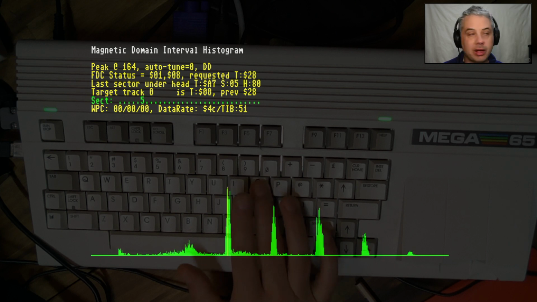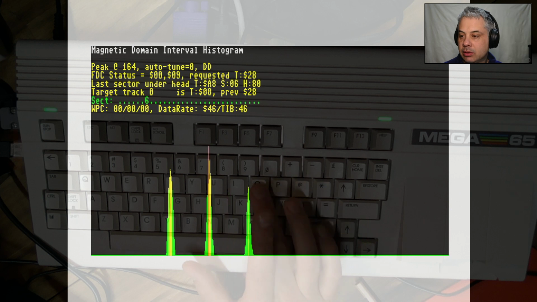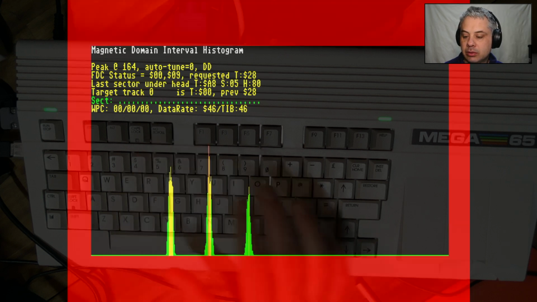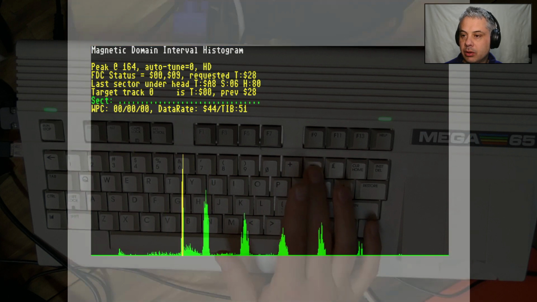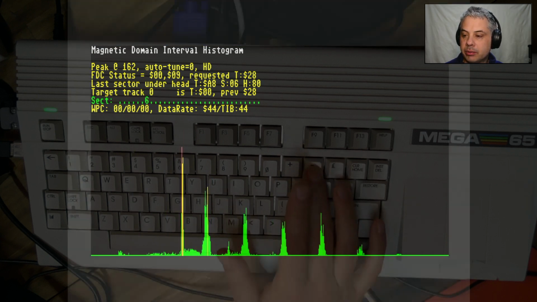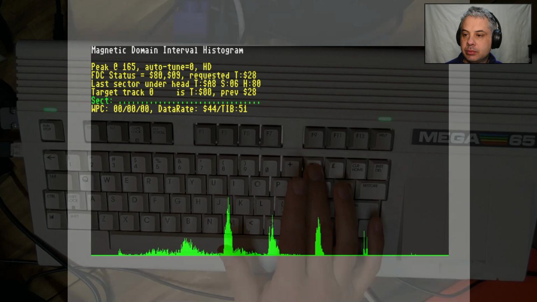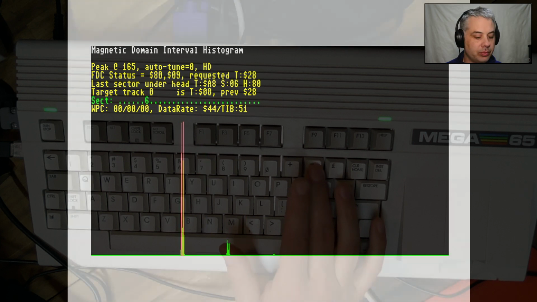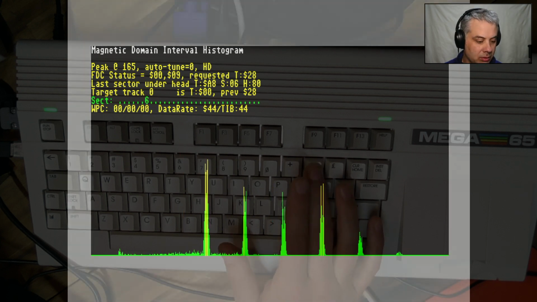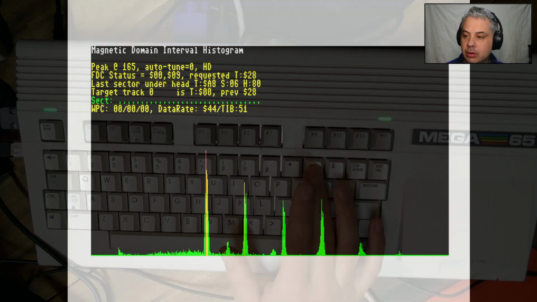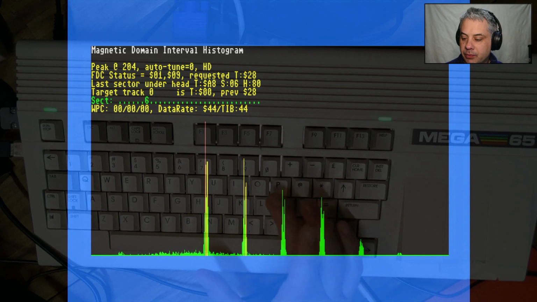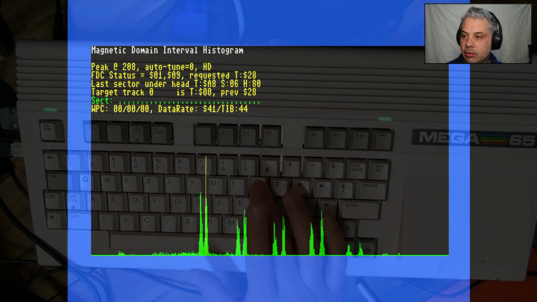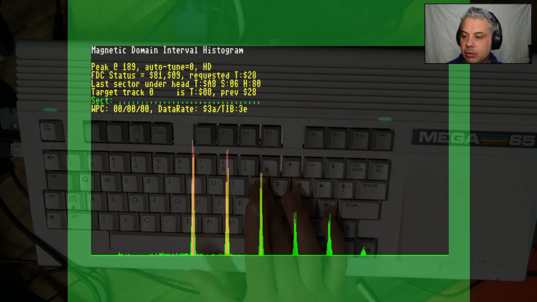We'll bring the data right back. We'll come back to track 0 as well. Okay, so now we can find the data rate back.